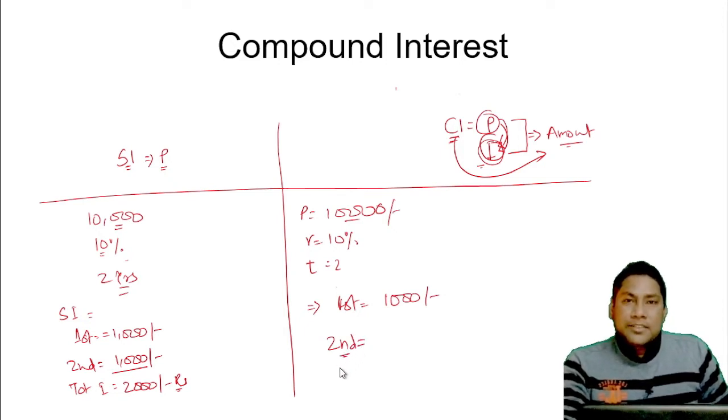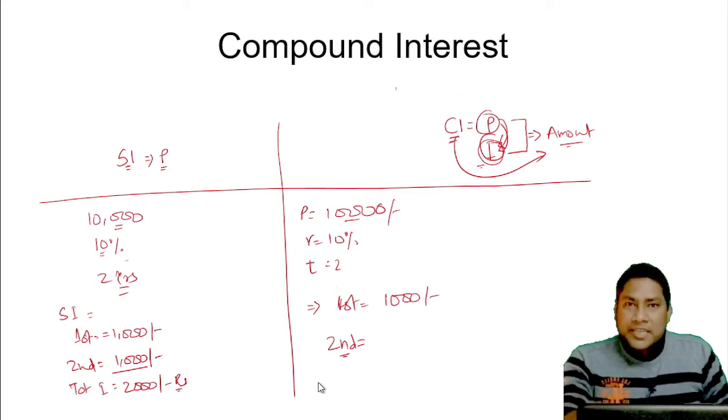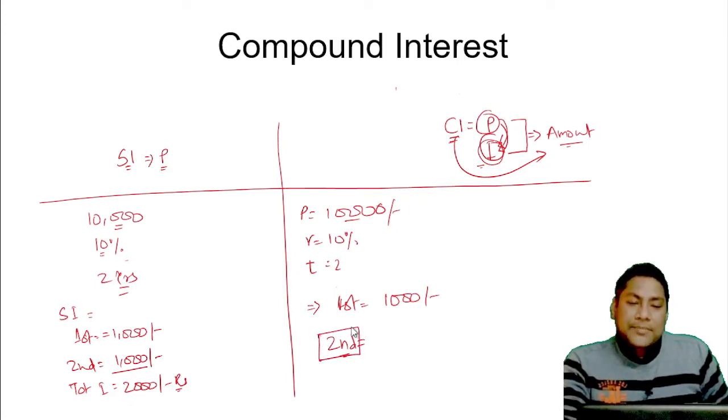This is the thing we should know very efficiently, friends. For the second year, the compound interest will be calculated on principal plus the interest. The principal here is 10,000, 10% of which is 1,000 rupees on principal.